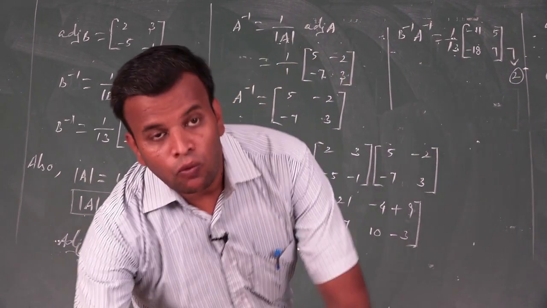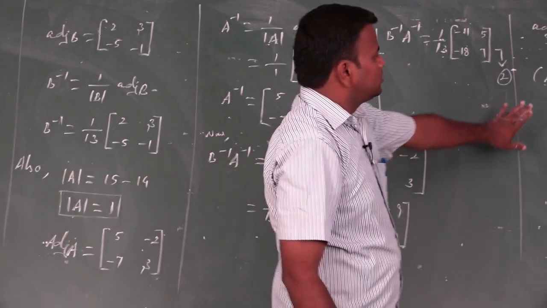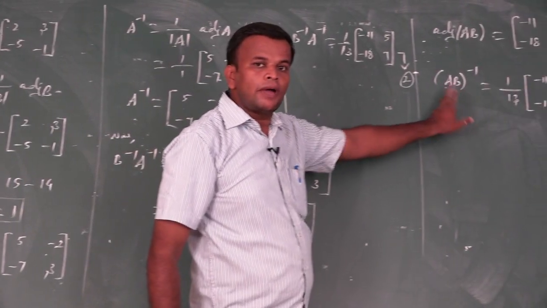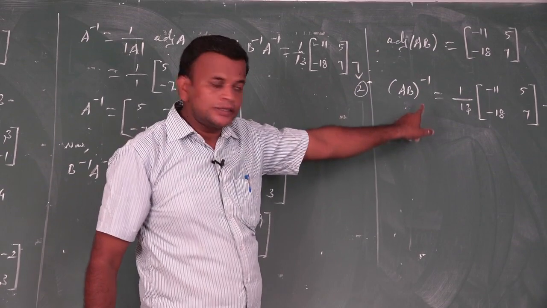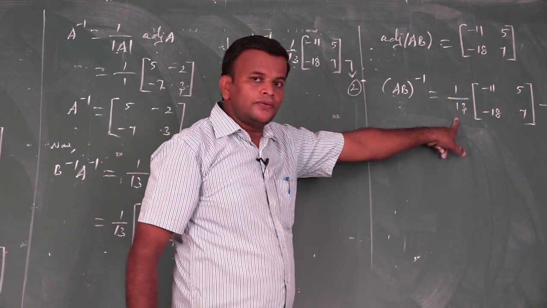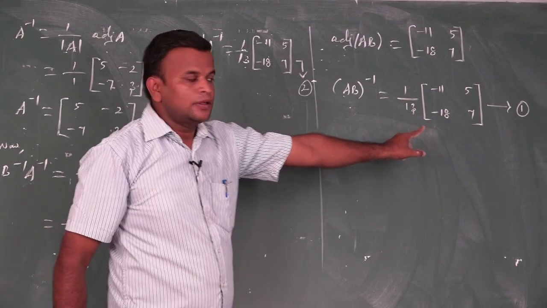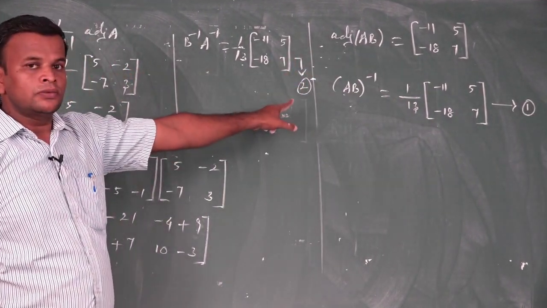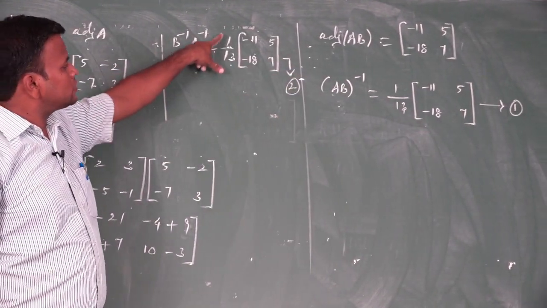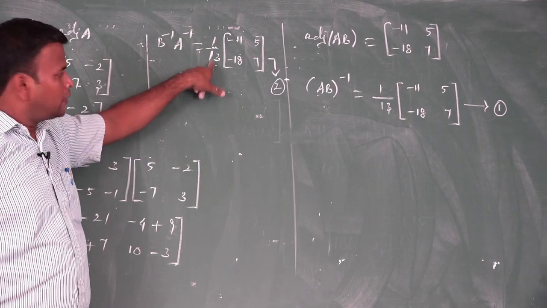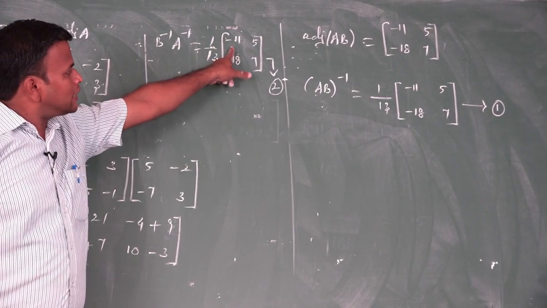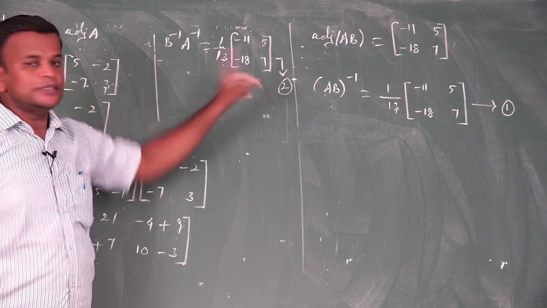Now you will see from 1 and 2. The value of AB, the whole inverse, is 1 by 13 of [-11, 5; -18, 7]. Now we see 2. B inverse A inverse value is also 1 by 13 of [-11, 5; -18, 7].